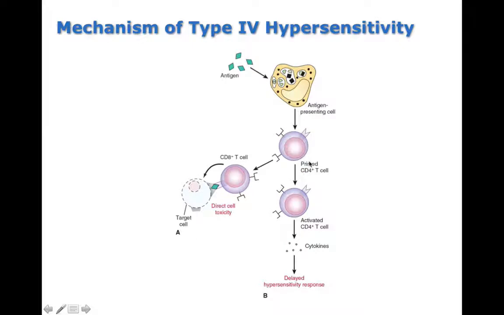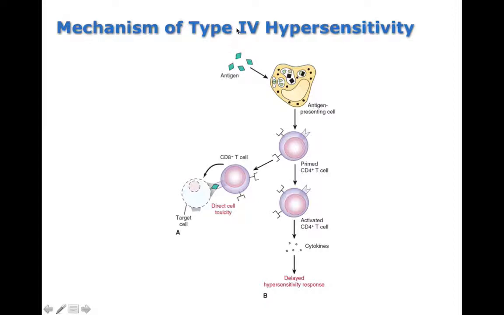Now, the problem here then is that you get both direct cell toxicity, like these could be antigens of your own body, by the way. So this can be like a form of autoimmunity, but can also lead to delayed reactions too, where these primed CD4 cells, these T helper cells, could later on release cytokines that lead to inflammation and a loss of function as a result, and that could be delayed.